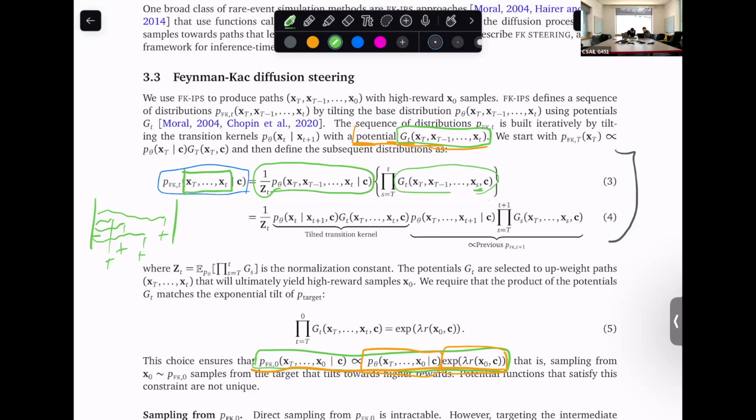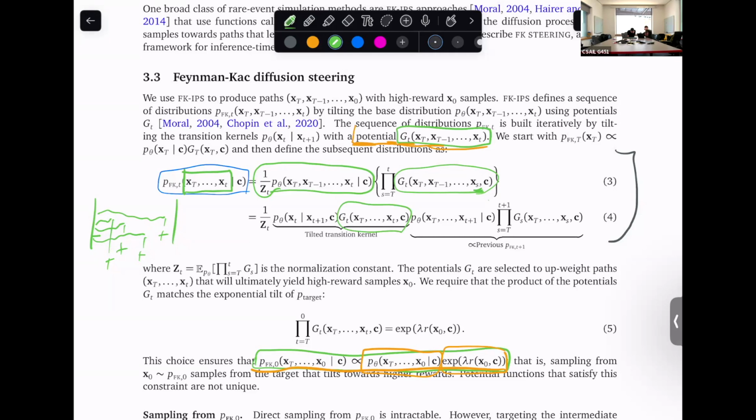And the reason it makes sense to think about the product of all these potentials is you can think about our model trajectory, p theta of xt, xt minus 1 all the way to xt, as p theta of xt times the product of a bunch of transitions. And I can think of each transition as getting its own biasing potential. And in aggregate, this gives me a product of biasing potentials. Each transition gets its own biasing potential here.